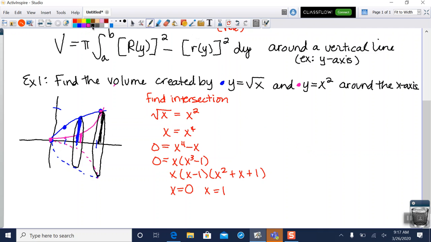So when we set up our integral from 0 to 1, because those were our intersection points, we know we're going to multiply it by pi because we're doing the area of these disks.